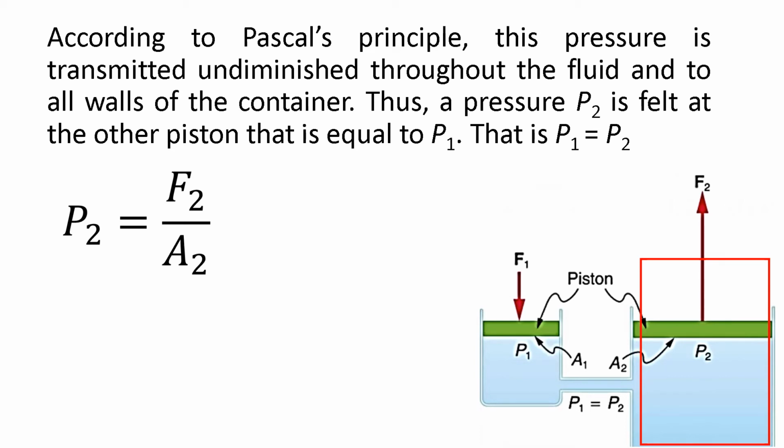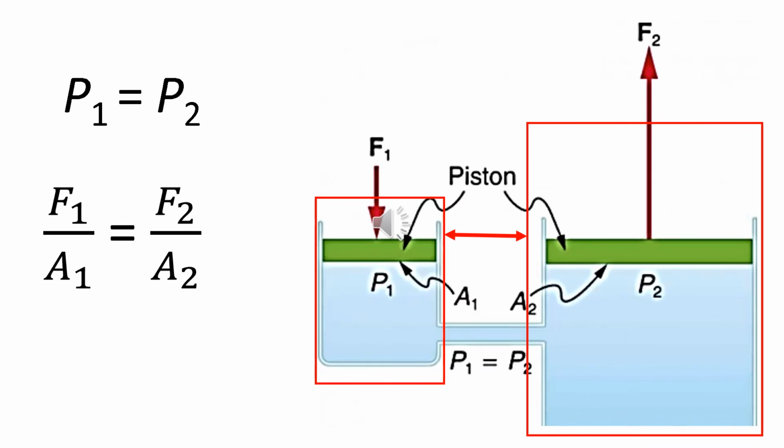But here in segment 2, force 2, pressure 2, and area 2 are involved. Earlier we mentioned that pressure 1 is equal to pressure 2, meaning F1 over A1 is equal to F2 over A2. Then, what segment 1 experiences is the same as what segment 2 experiences, which makes up the whole system, like in this illustration.